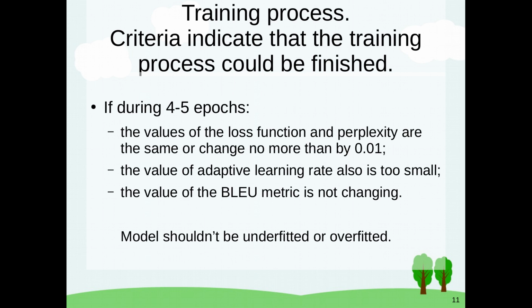We have to take into account and avoid underfitting or overfitting of our model. In our work, we also present results of an overfitted model. It is shown in a figure in our work.